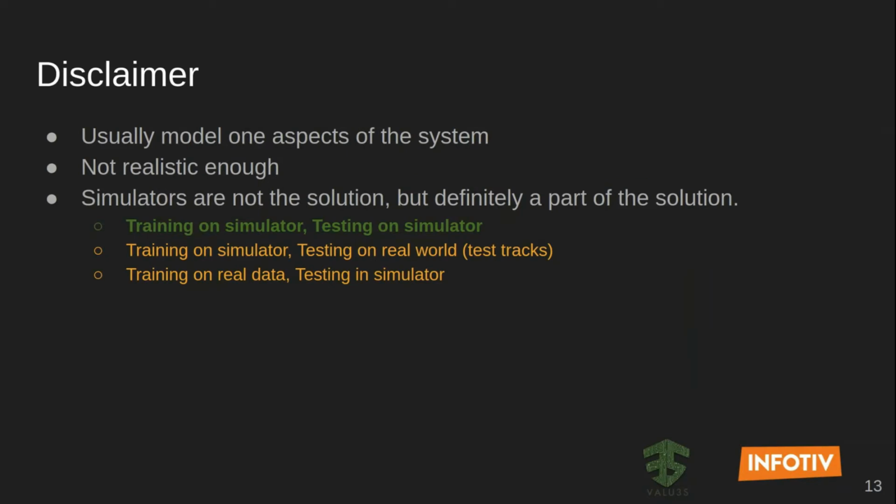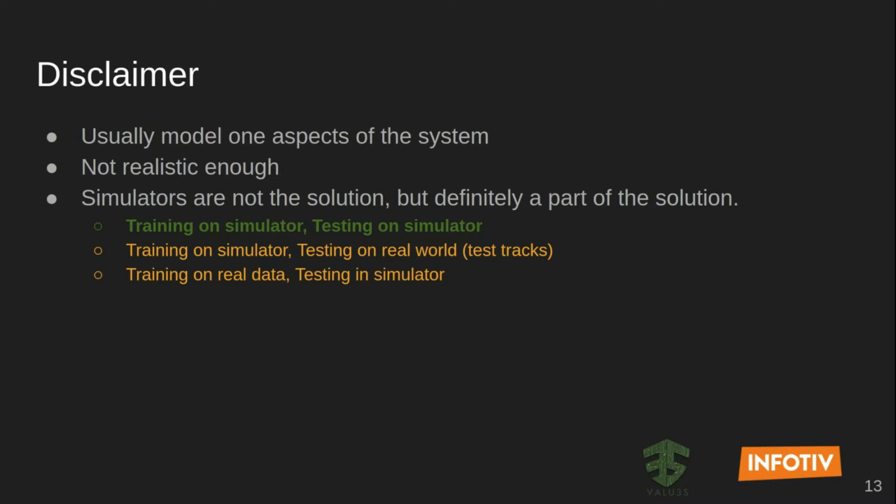Before I continue, there's a disclaimer here. Simulators are amazing for testing and training ML systems, but they are not the final solution. Simulators have some shortcomings: they only simulate one or a few aspects of the real world or the real system, and they are not usually as realistic as you want.